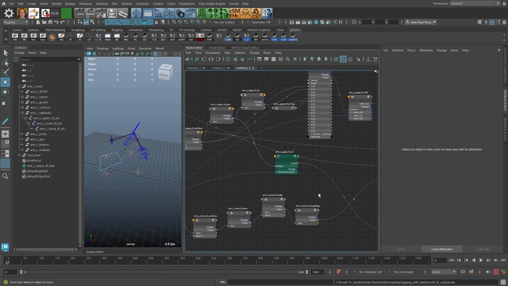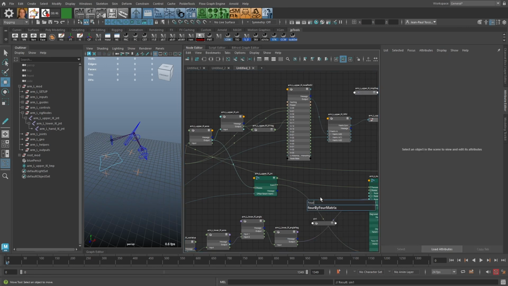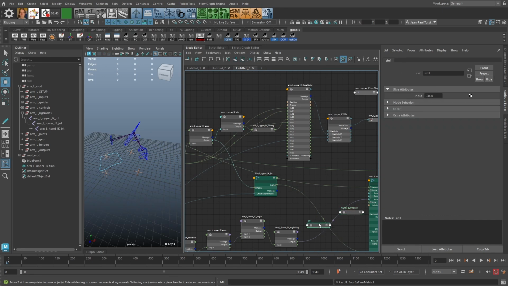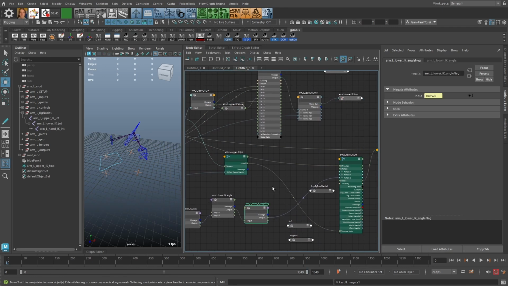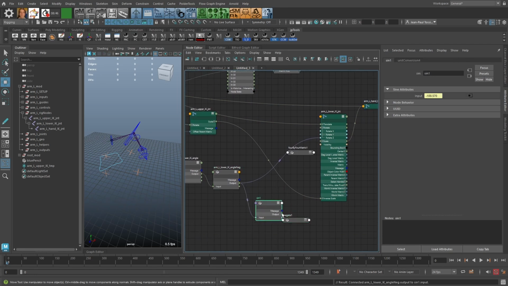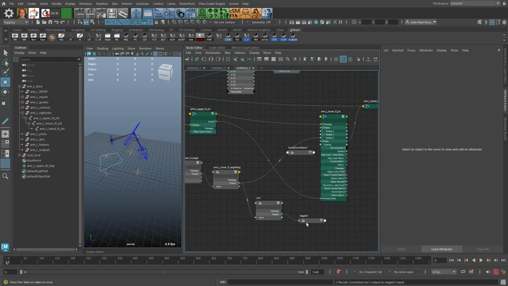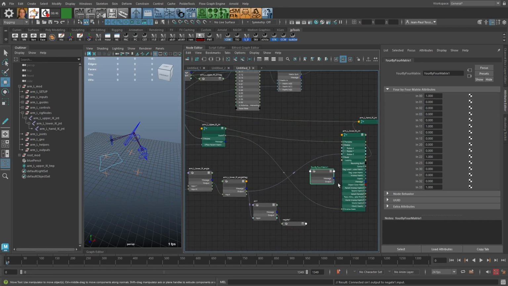So again, we're going to make a sine node and a 4x4 matrix and a negate node, and we're going to plug the output of the angle into the sine node, and then the output of the sine node into the negate node, and then the 4x4 matrix node.